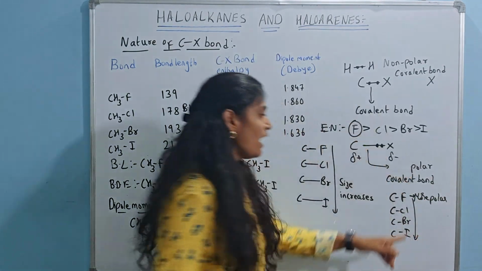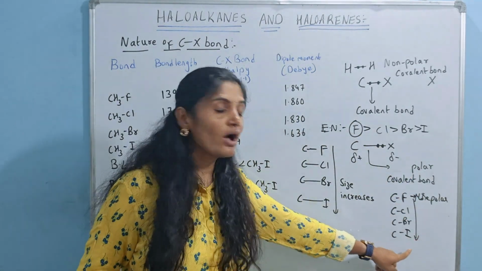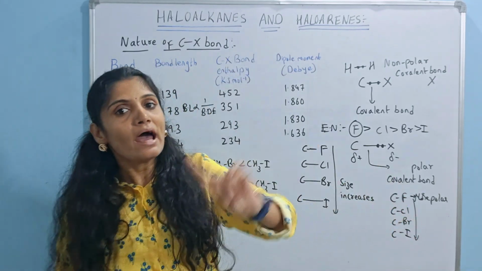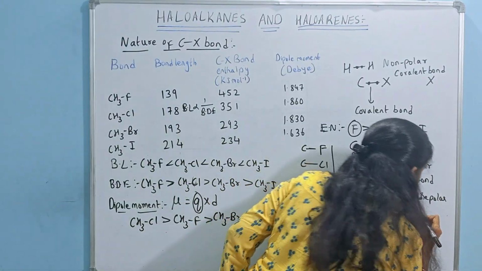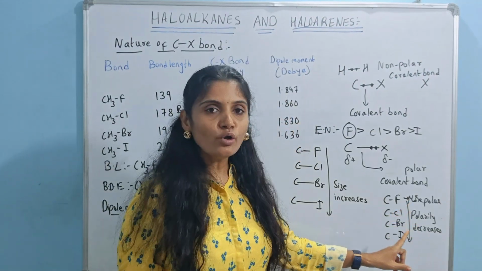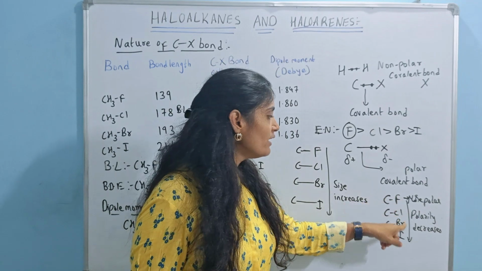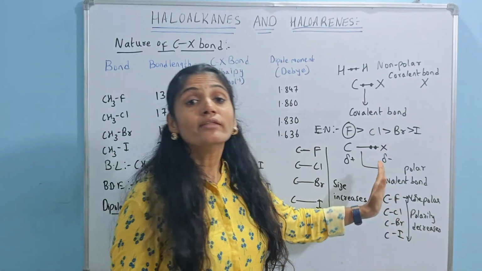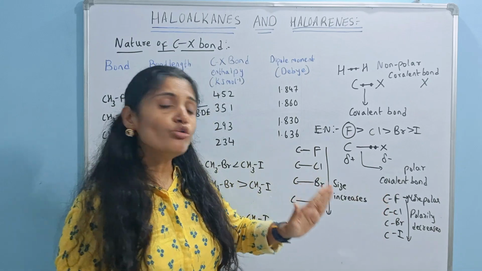So as I go from carbon fluorine bond to carbon iodine bond, as the electronegativity of the halogen atom decreases, the polarity of the carbon halogen bond also decreases.